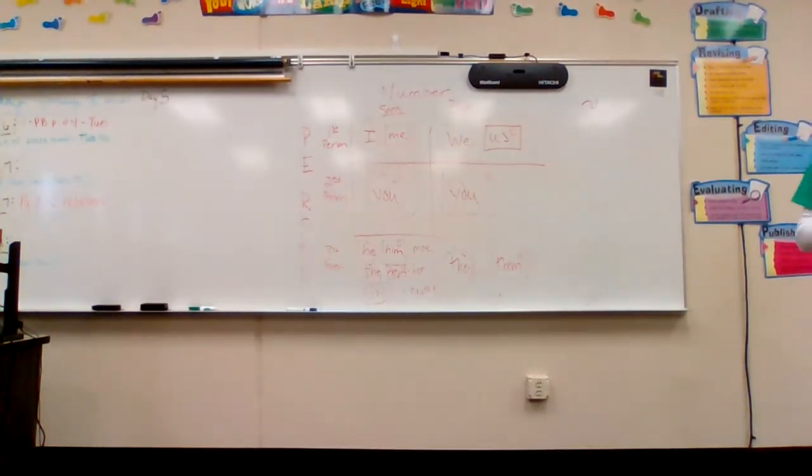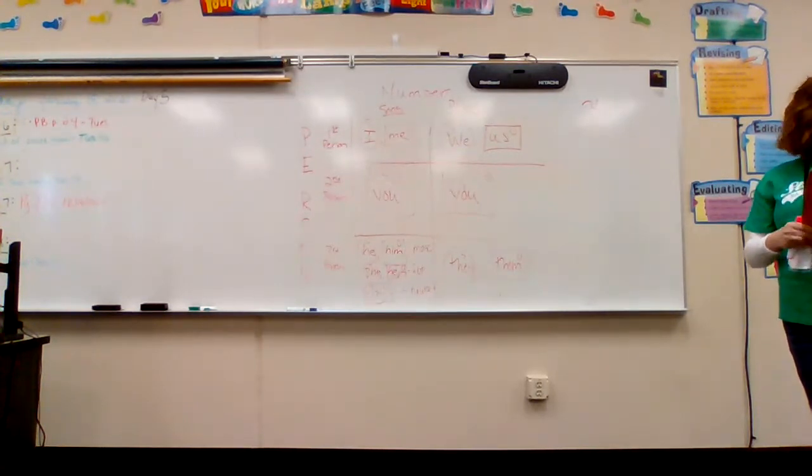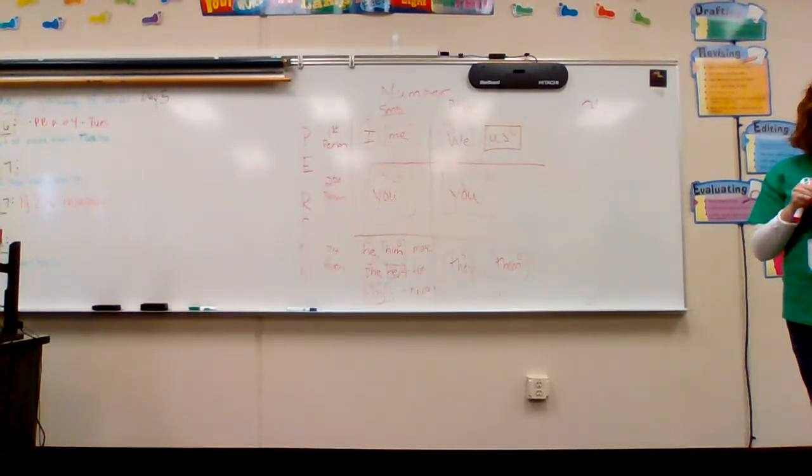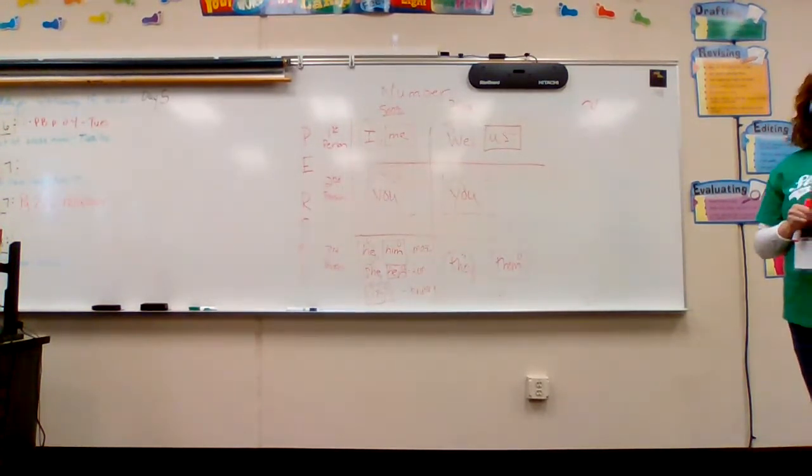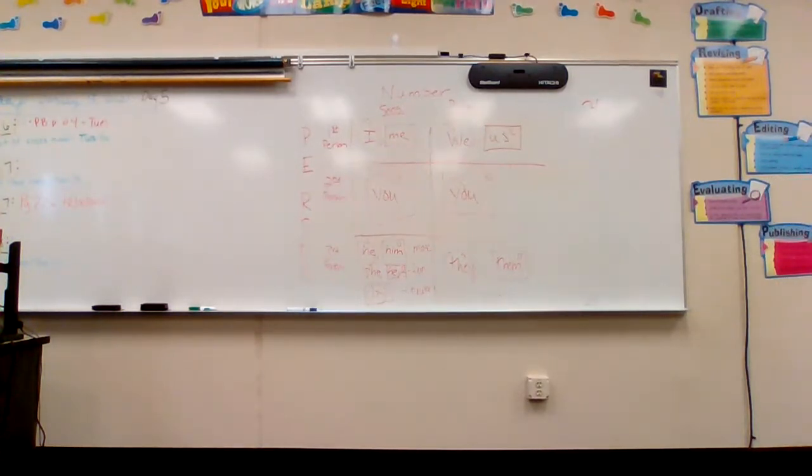And it comes in between the action verb and the direct object. So, he told what? He told stories, that would be the direct object. To whom? To them. Okay, so there you would use an object pronoun as an indirect object.